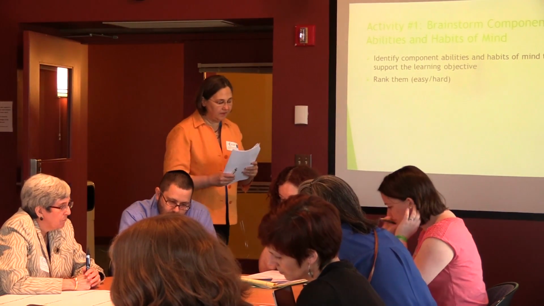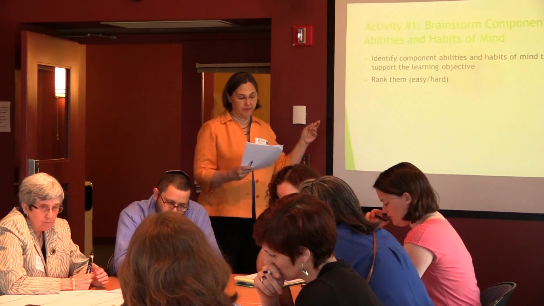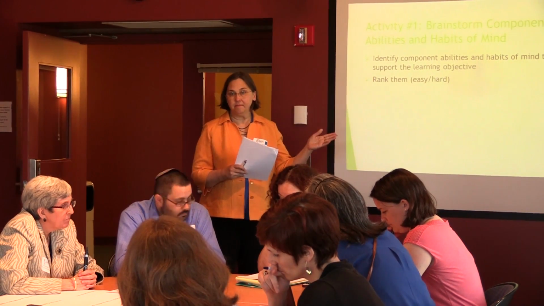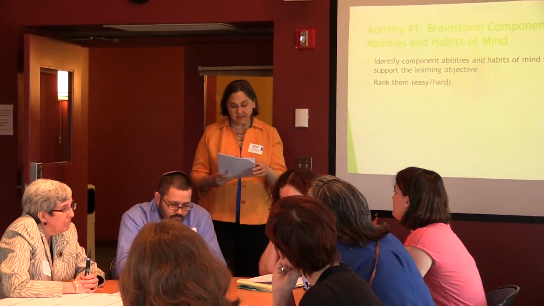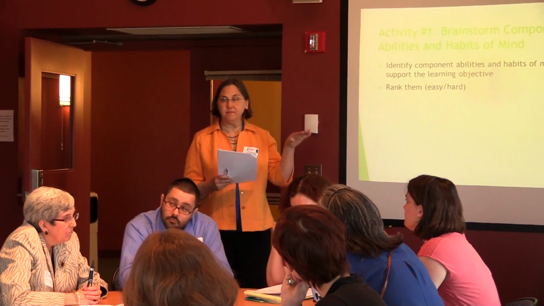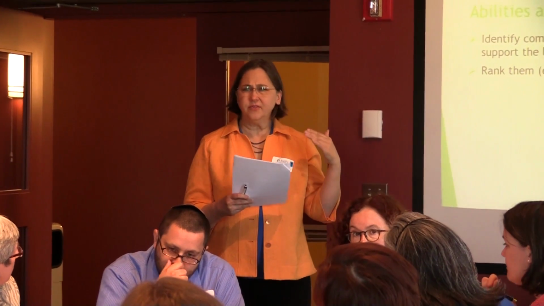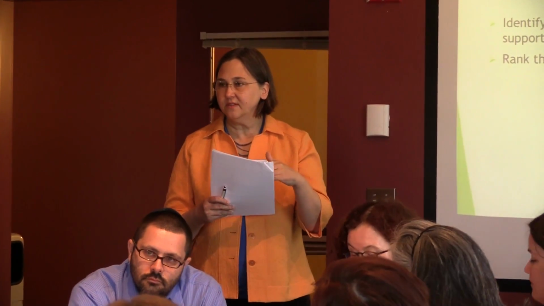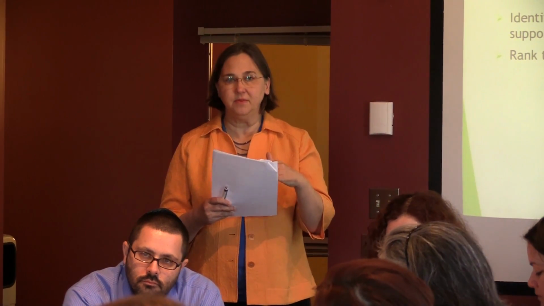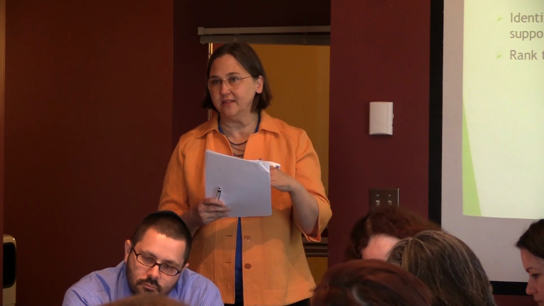And if you can think back 2 slides ago, what Madeline and Robin and I did was we took our objective and we began to think about what kind of component abilities would the students need to have to be able to accomplish that objective.